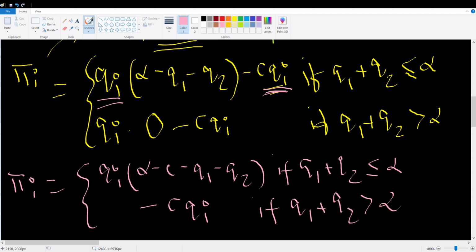Okay, so this is how the profit function is going to look, and it's piecewise because it incorporates another piecewise function, that is the inverse demand function, which gives the market price for a given total quantity of output produced in the duopoly.